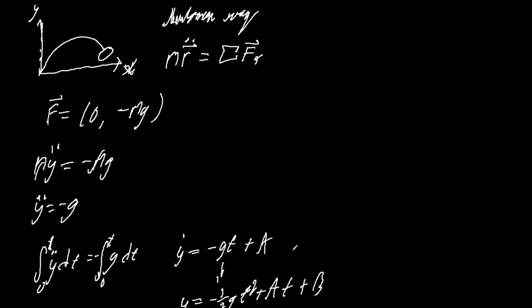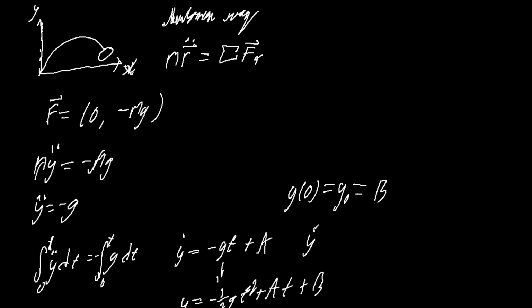If you're wondering what a is, in this case, you can solve for the constants by plugging in values. We want the y at time equals 0 to equal a specific y naught, and this is going to give us b.